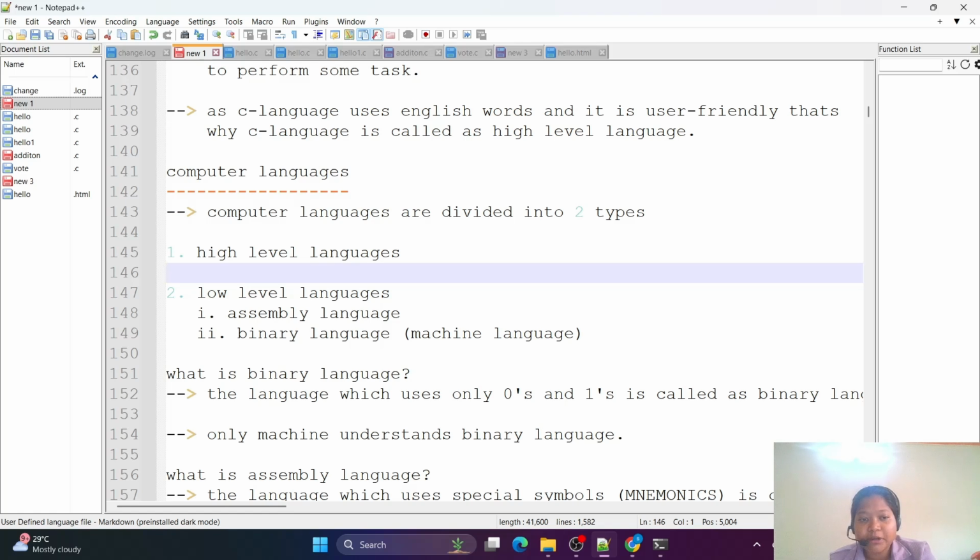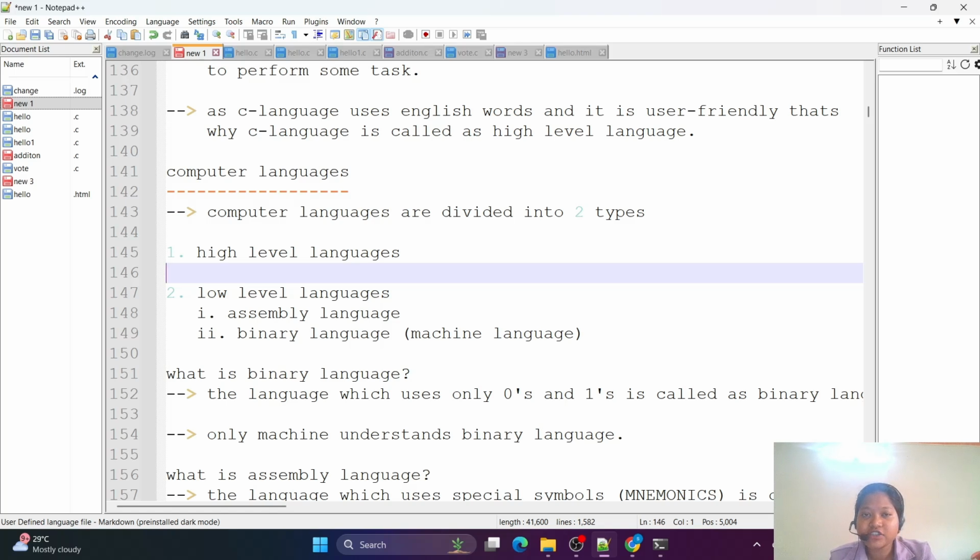If we talk about the disadvantages of high level language, first thing, it requires a translator to communicate with a computer, because a computer cannot understand high level language directly. So the translator would convert the high level language into the machine level language or the binary language, and that binary language is understandable by the computer.